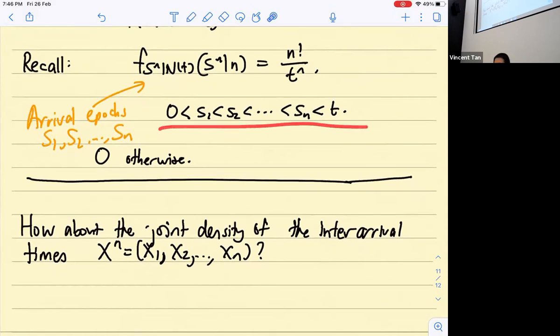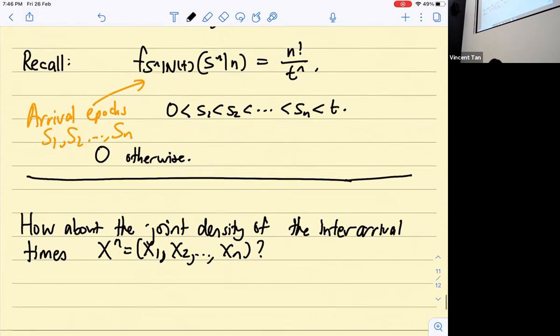The arrival epochs are increasing. Now, these random variables here, Xn is not guaranteed to be bigger than Xn plus 1 and so on. But the region of interest is that all the Xi's are bigger than 0, and the sum of the Xi's is less than t. That is the region of interest up to n here.